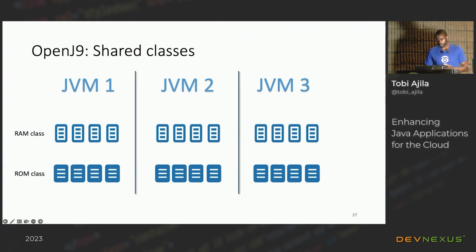In OpenJ9, when a class is loaded, OpenJ9 separates the class metadata into read-only and writable components, as shown in this picture. The ROM is the read-only, the RAM is the writable.